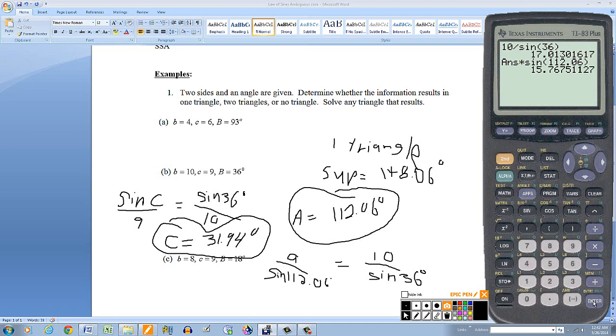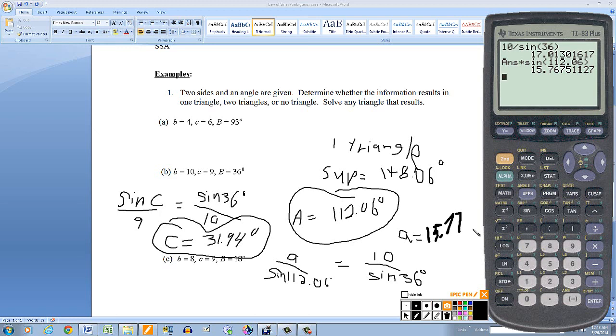Hit enter. And to two places, I get A is equal to 15.77. Okay, so side A, little a, is equal to 15.77. And there you have it.